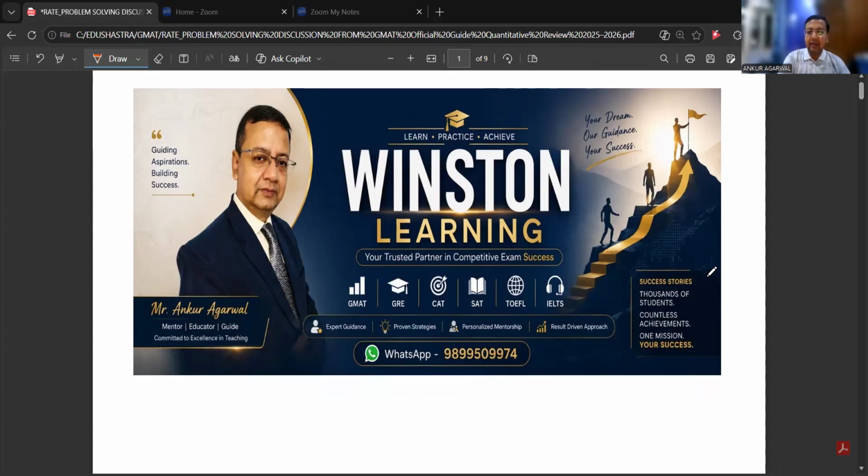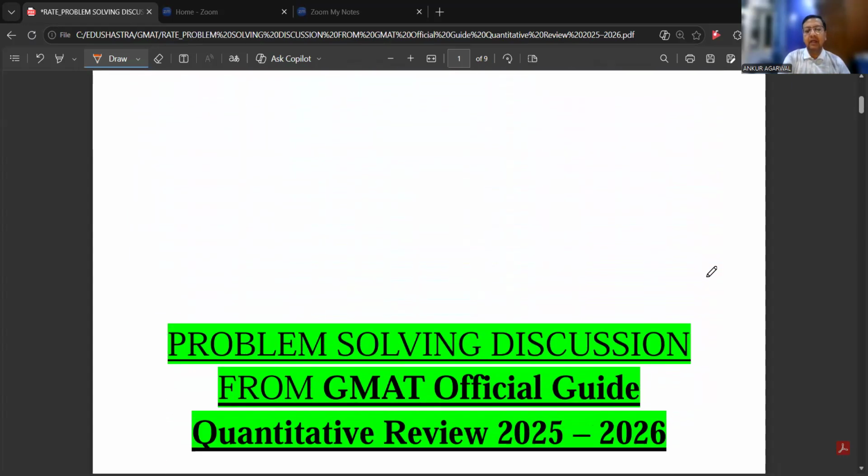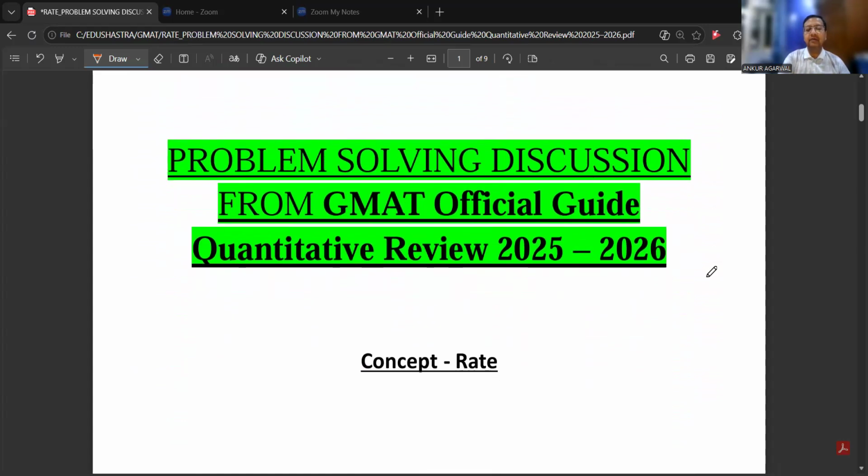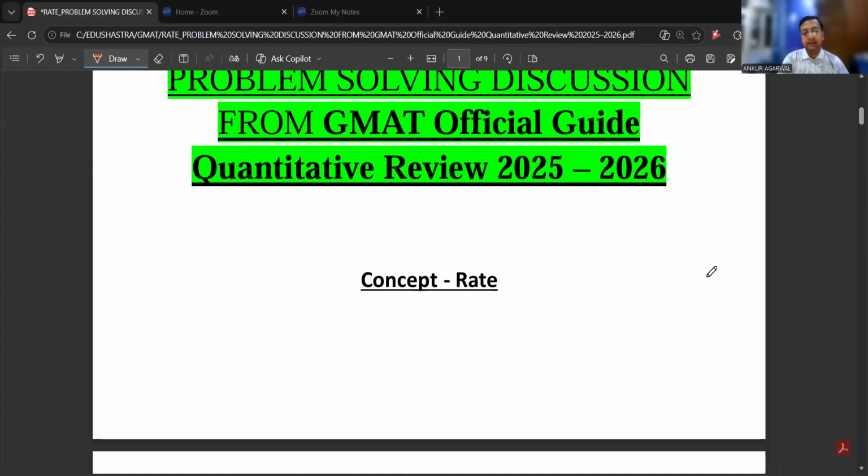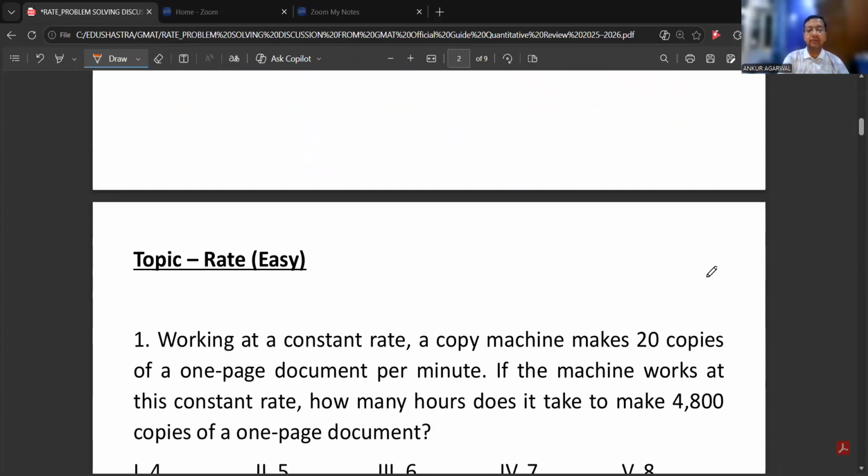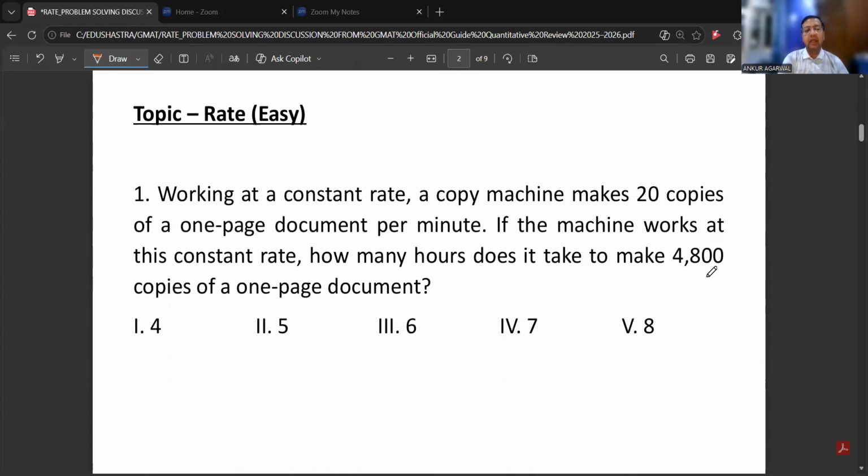Let's start. First of all, we have one concept, which is the rate concept. I have taken the questions from the GMAT Official Guide Quantitative Review 2025-2026 edition. So, first challenge before you.